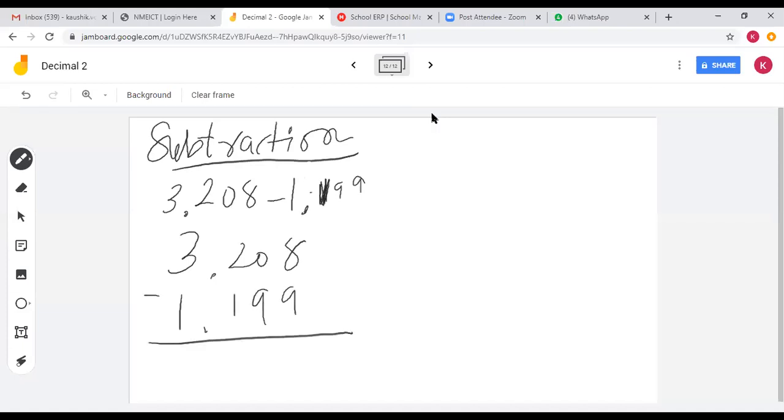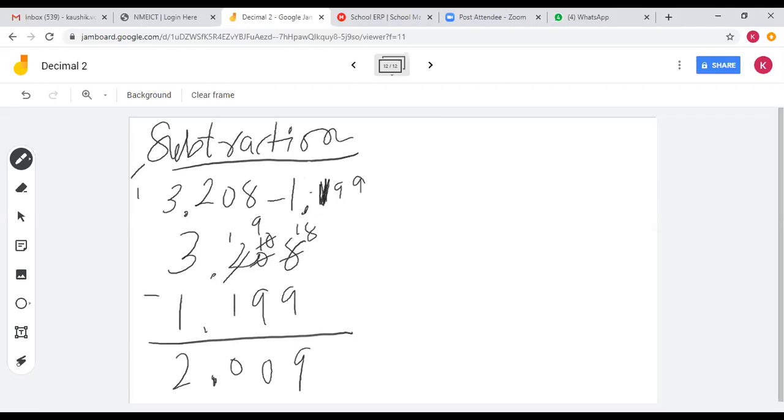Very simple. We have to borrow from here. This becomes 10, so 9 and then again 10. So 18. 18 minus 9 is 9. 9 minus 9 is 0. 1 minus 1 is 0. Now 3 minus 1 is 2. Very easy.